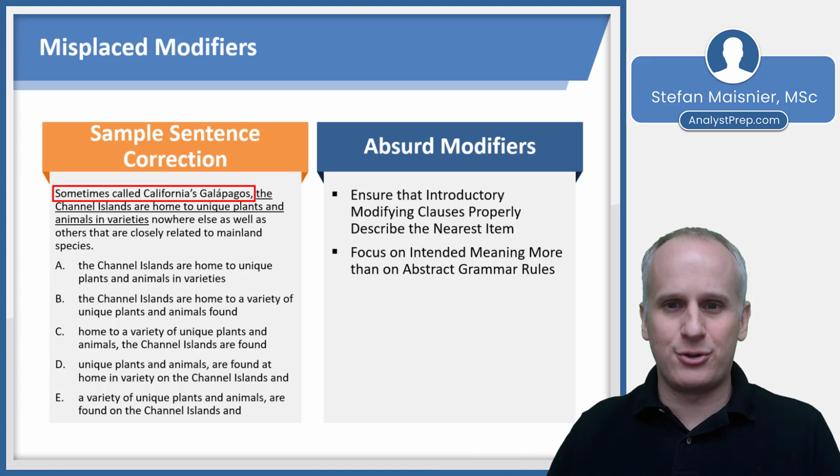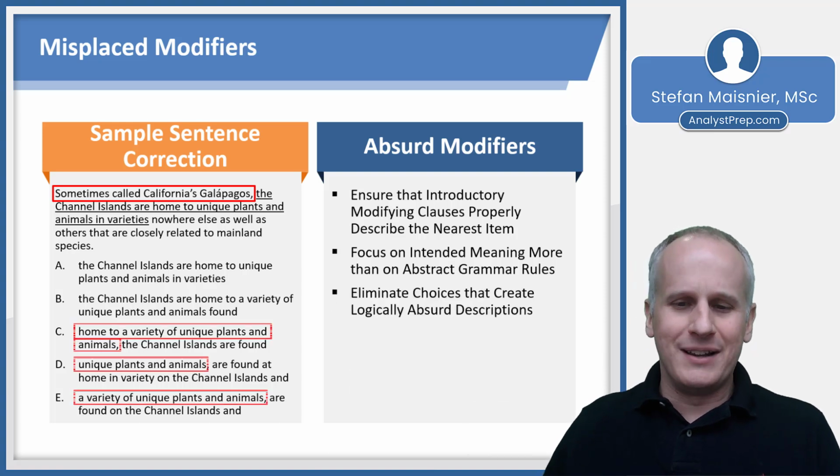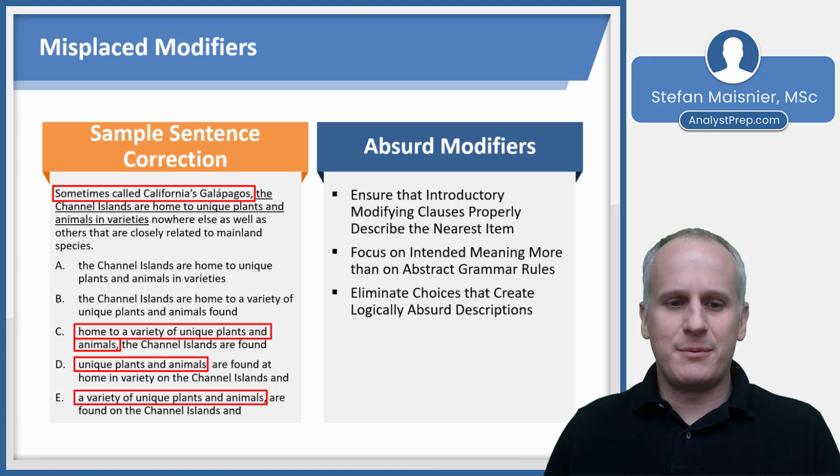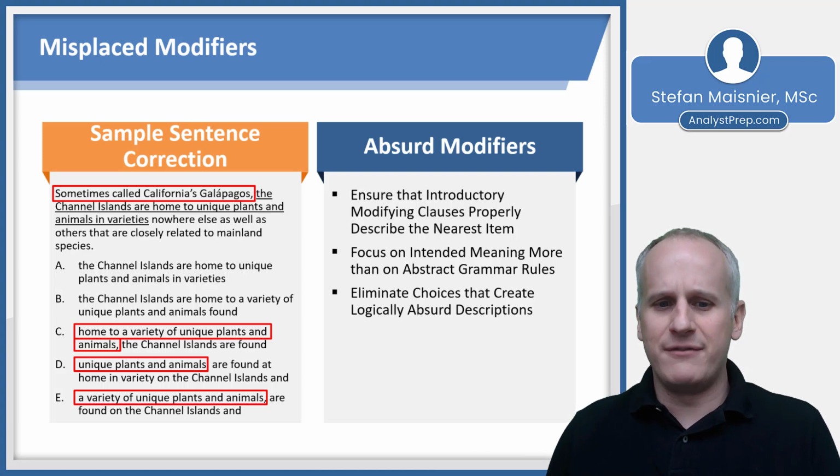And if we look at the answer choices once they're brought in, we've got a few answer choices that have things that wouldn't make sense to be called California's Galapagos, because a thing has to be called California's Galapagos, and it has to probably be another proper noun. So we can eliminate choices that create logically absurd descriptions, such as calling home to a variety of unique plants and animals California's Galapagos.